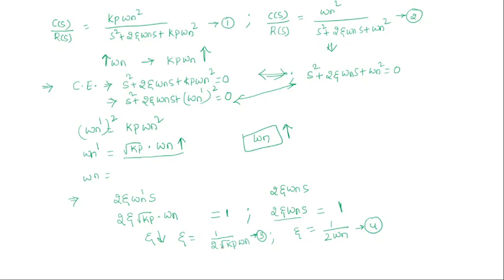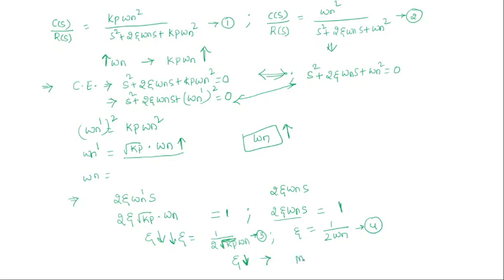Compare equations 3 and 4. In the denominator part, we are having root Kp, where Kp is the proportional controller gain. So the zeta value is decreased because in the denominator we have the proportional controller gain. Compared to without proportional controller, with proportional controller the zeta value is decreasing. When zeta is decreasing, what is the effect?